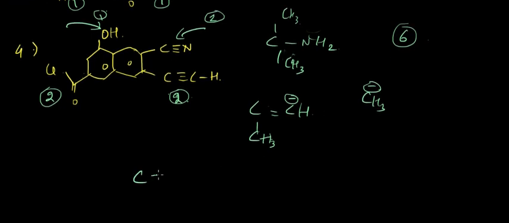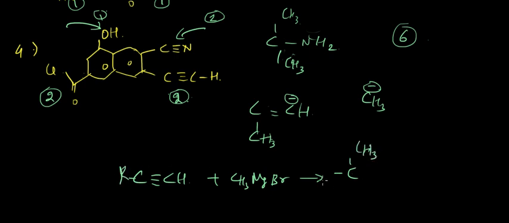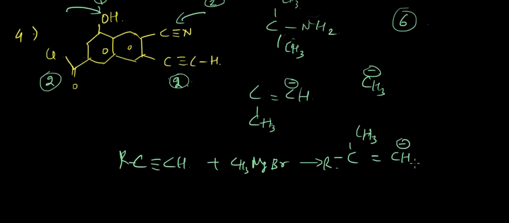So we have to check whether this compound actually undergoes CH3MgBr or not. If it does, then we'll have something like a CH3 here. This is the R group here, this is the R group here, CH negative, and it will take another Mg plus Br, and we'll get this as the product, or intermediate.